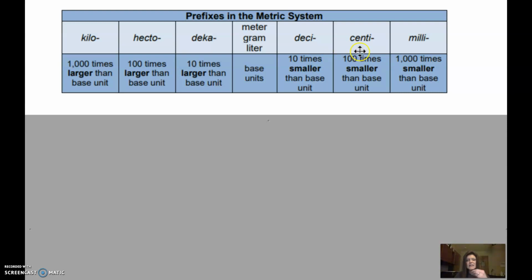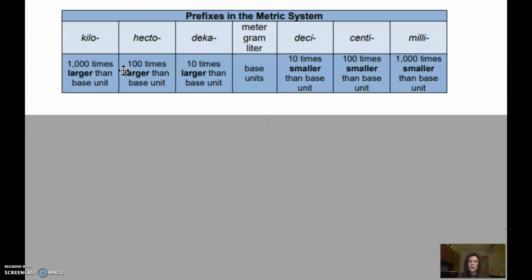If it's a centi, it's 1/100th of the base. If it's a milli, it's 1/1000th of the base. If we go the other direction, the prefix deca means it's 10 times greater. If it's a hecto, it's 100 times greater, and kilo would be 1,000 times greater than that base.